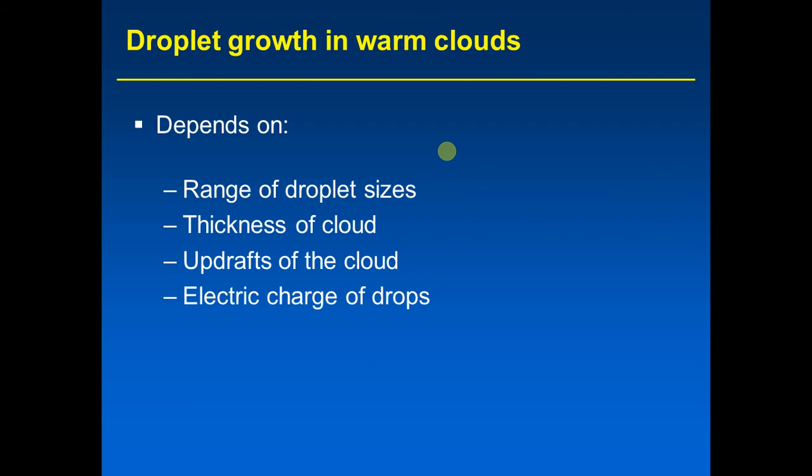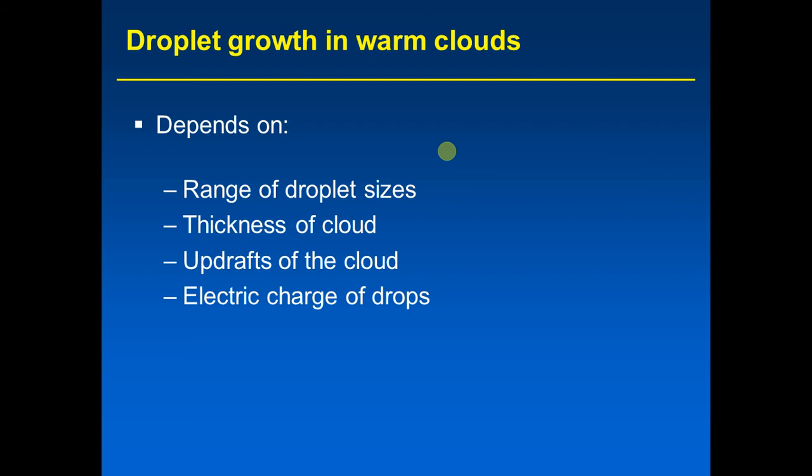Updrafts of the cloud are important. Generally, the stronger the updraft speed, the larger the raindrop size. Because the smaller the updraft speed, the larger the drop has to grow in order to actually start falling. Okay? So nimbostratus clouds do not have very strong updraft speeds, and hence they don't form very large raindrops compared to cumulonimbus clouds.